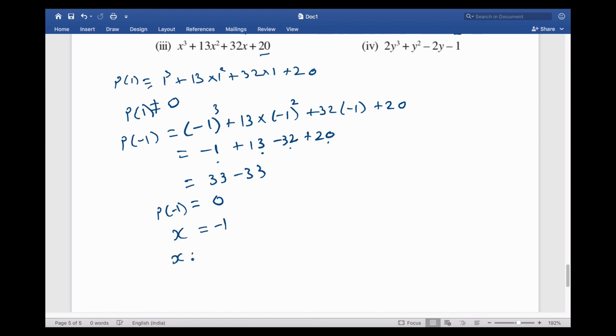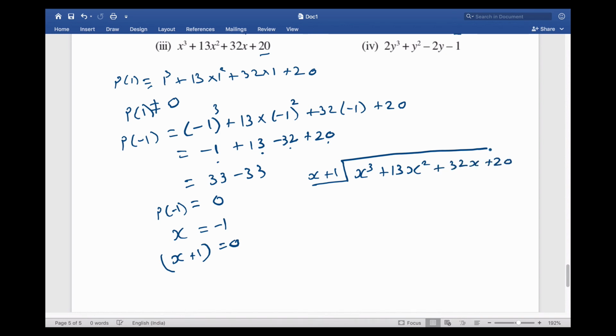So x plus 1 is one of the factors. Now we should divide and find the other factors. So x plus 1 outside and x cube plus 13x square plus 32x plus 20.